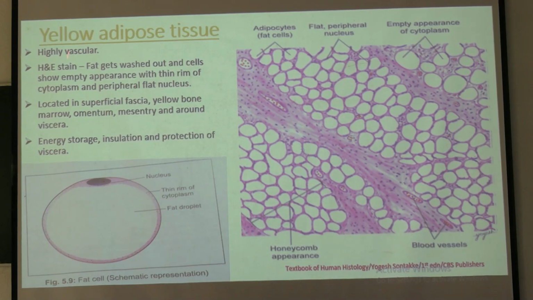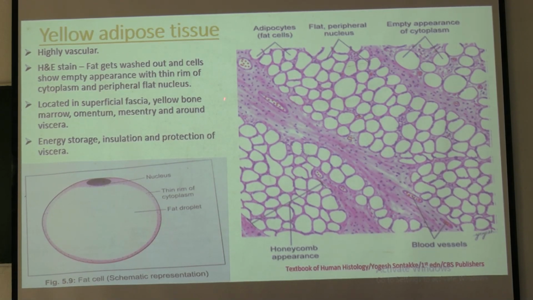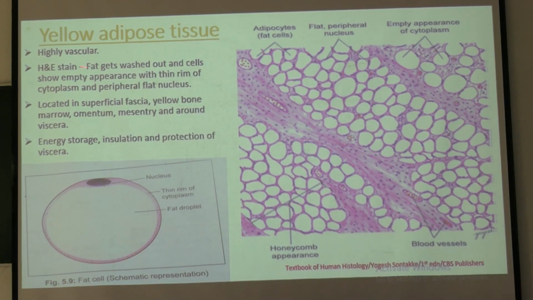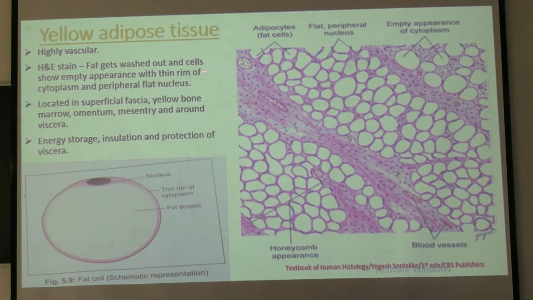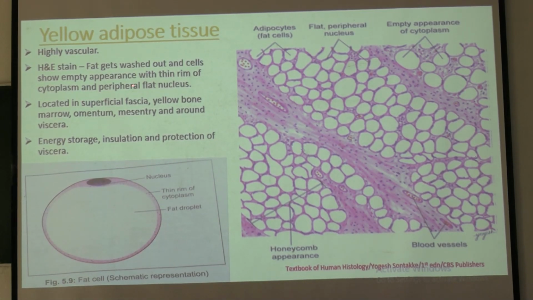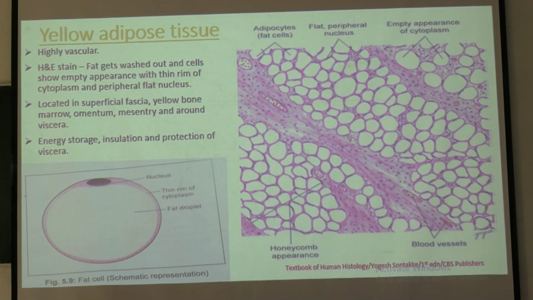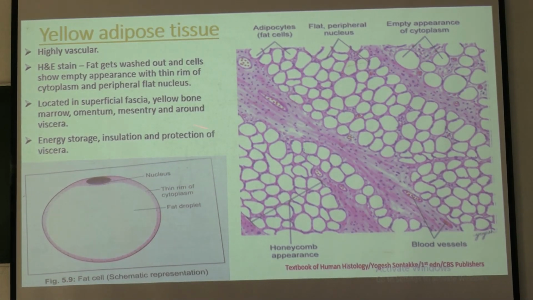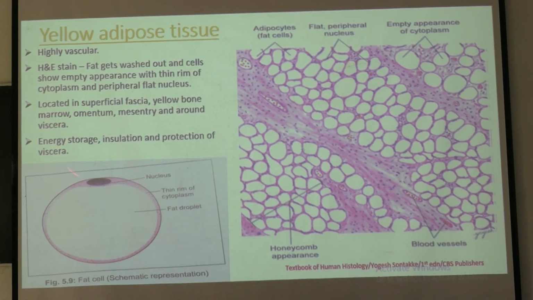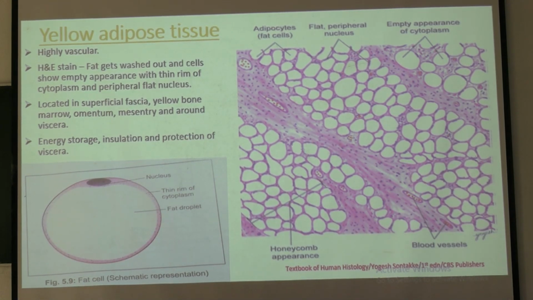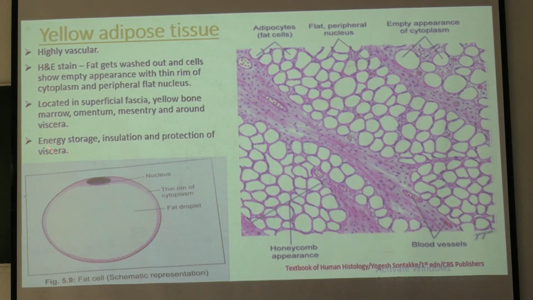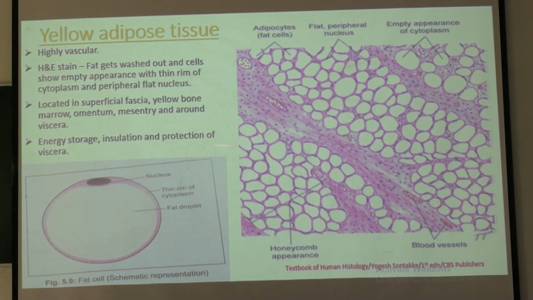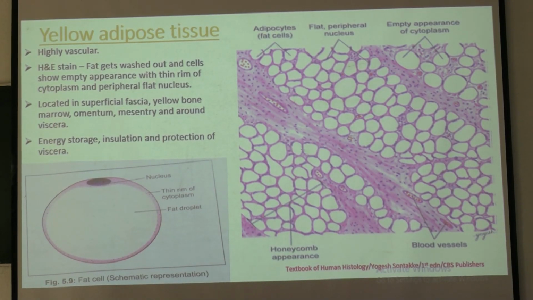In HE stain slide, fat gets washed out and cells show empty appearance with thin rim of cytoplasm and peripheral flat nucleus. They are located in the superficial fossa, yellow bone marrow, omentum, mesentery, and around the viscera. This is the location of yellow adipose tissue, and it helps in energy storage, insulation, and protection of the viscera.